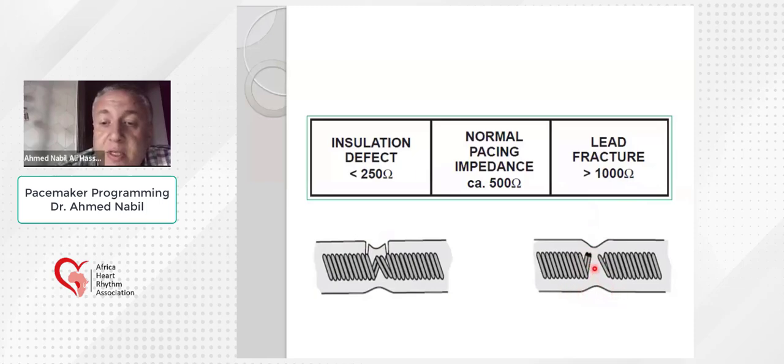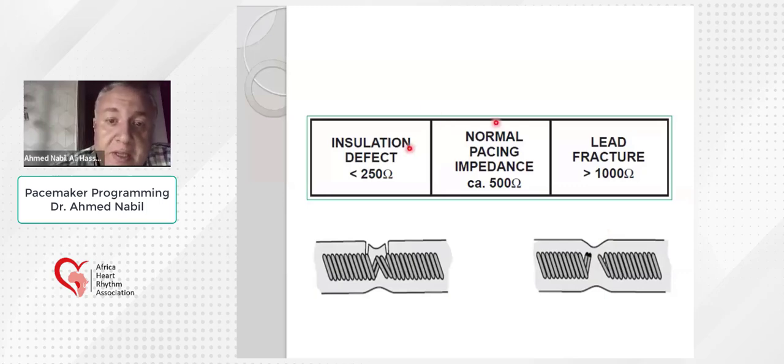There is discontinuity of the coils that transmit the electrical current inside the lead. Of course, if we find this lead fracture, this lead will need to be replaced with another intact lead.